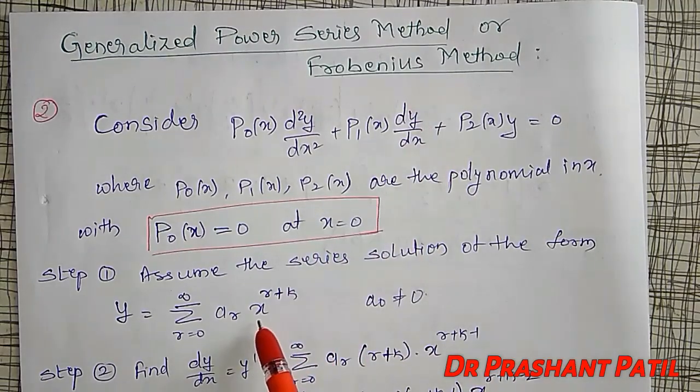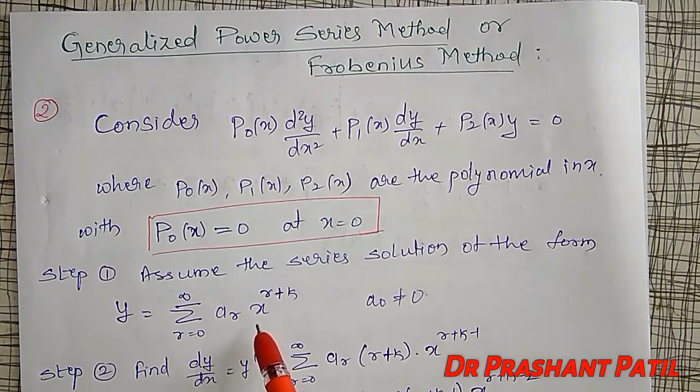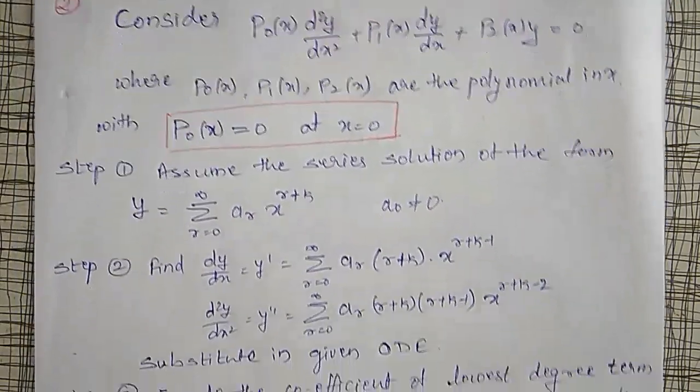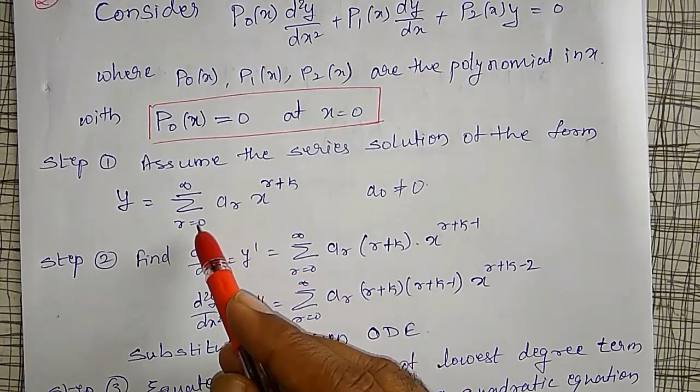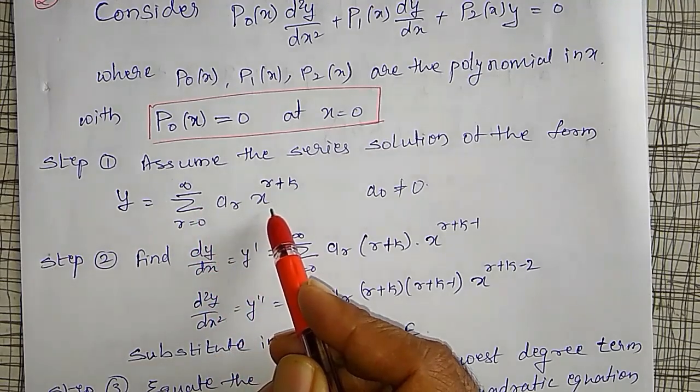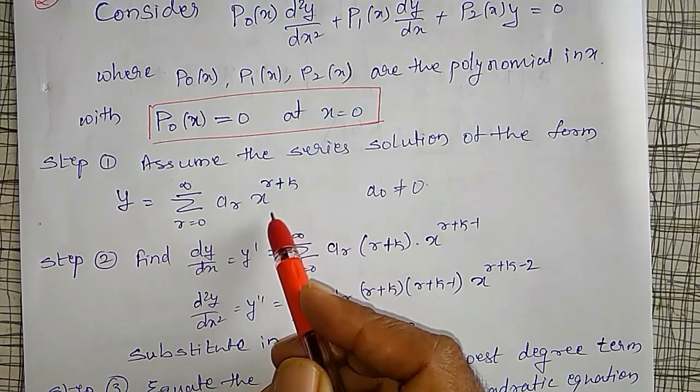At that time we assume the series solution as a naught x to the power r plus k. If it is not equal to 0, it is only x to the power r, but here we are assuming one extra k. So we assume the series solution y equal to summation r equal to 0 to infinity ar x to the power r plus k.